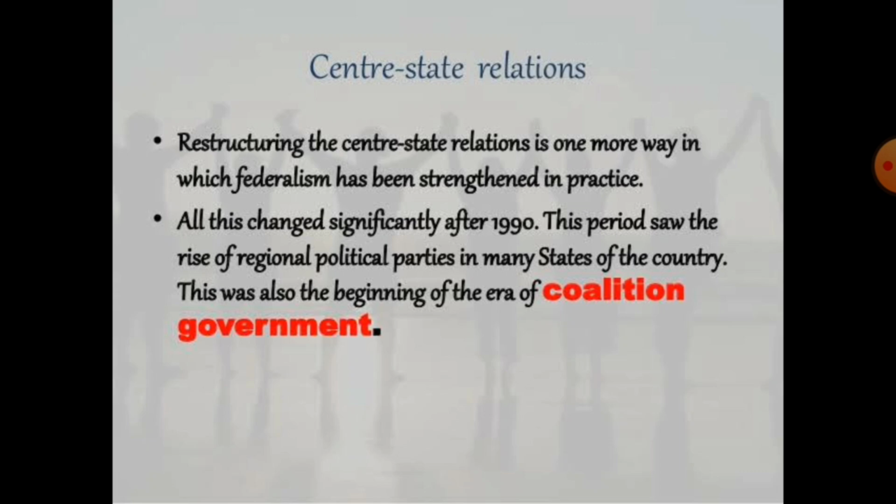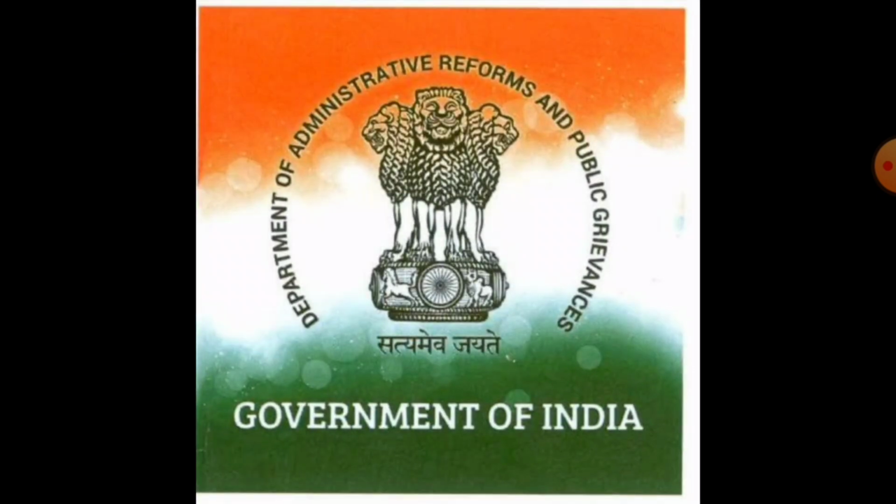It was now not just about the central government and its power, but also about the autonomy of the state governments. This trend was supported by a major judgment of the Supreme Court, which made it difficult for the central government to dismiss a state government in an arbitrary manner. So these are a few reasons which made the practice of federalism successful in India.